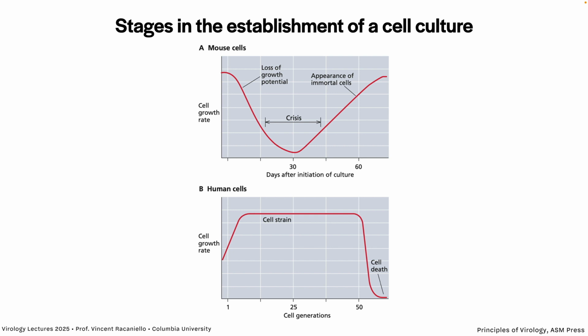They go through a period called crisis, and then they emerge from crisis and begin to grow again. And these cells that grow are transformed. We didn't treat them in any particular way, but mutations arose spontaneously that made the cells transformed.